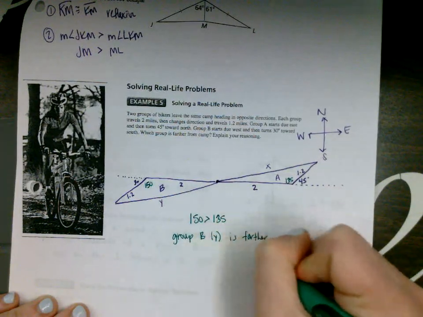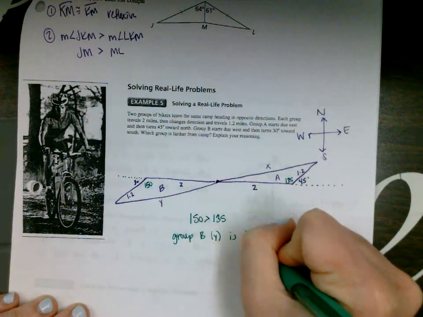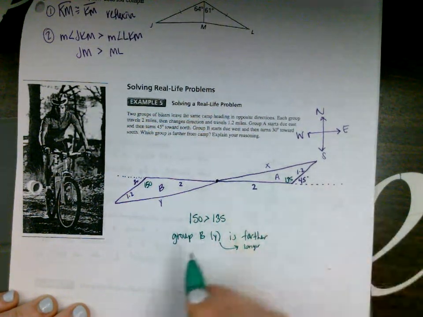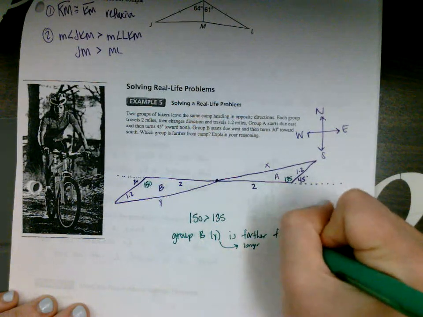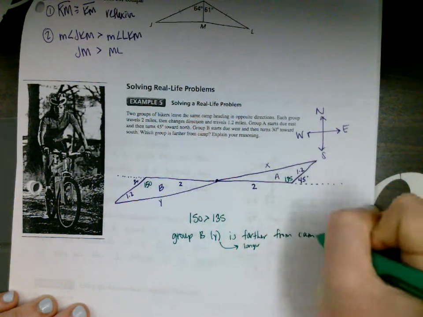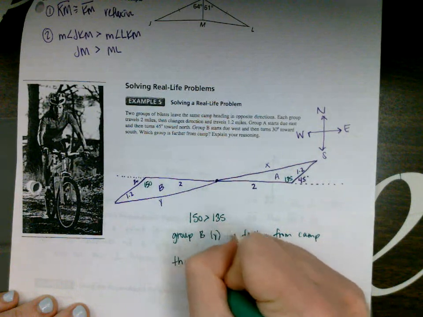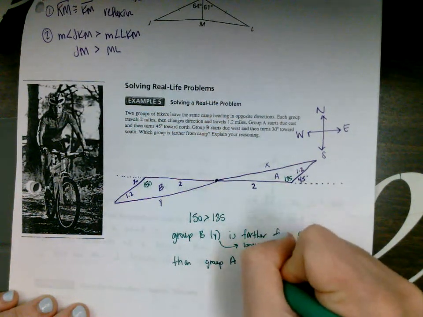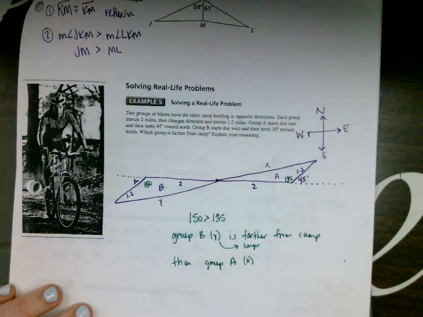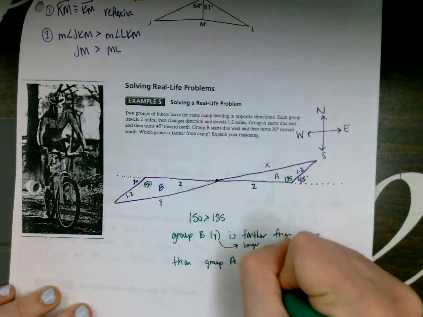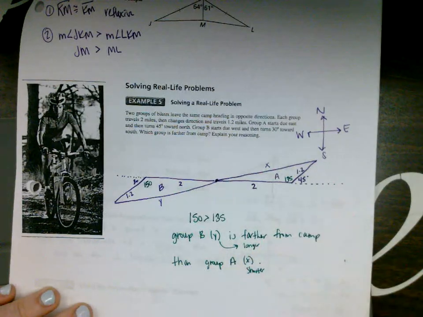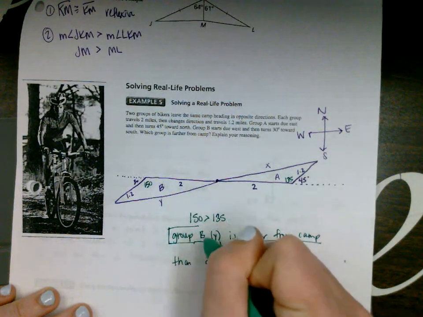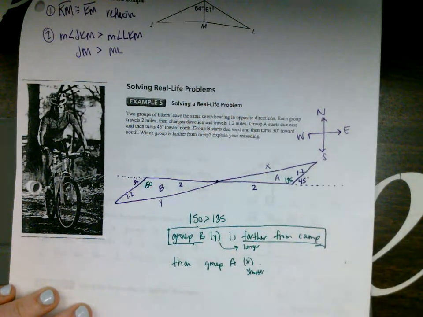I'm going to put longer below it because that's in terms of Y. Group B is farther from camp than group A, which I know is X, and that is shorter. Okay, I'll just write shorter underneath here. Okay, so group B is farther from camp. That is your final answer there.